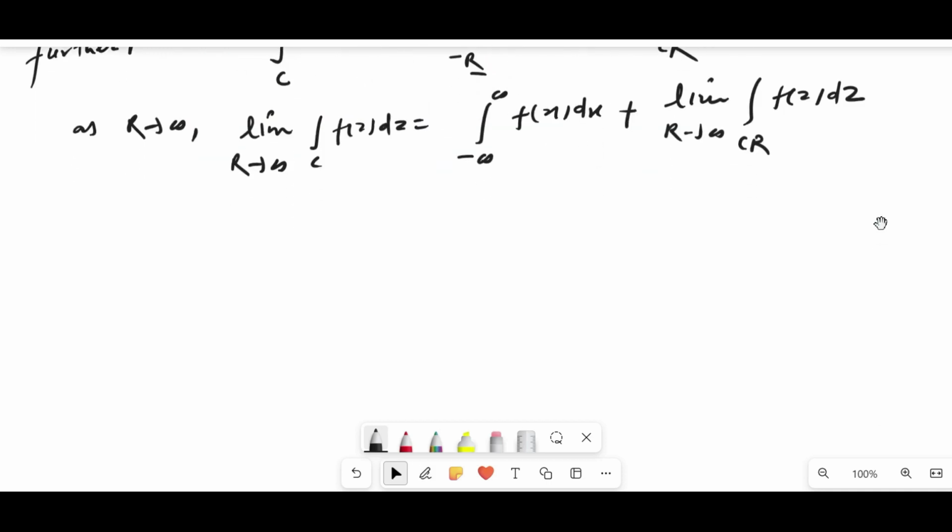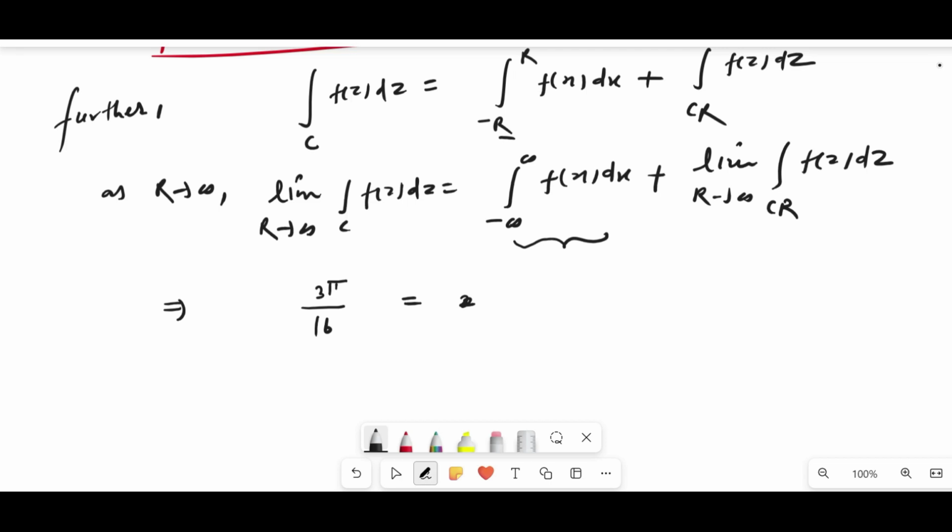So further we can find this value will be, by residue theorem, 3 pi over 16, and so now this will be equal to 1 by 2 times the integral from negative infinity to infinity of dx over 1 plus x square to the whole power 3, plus 0.